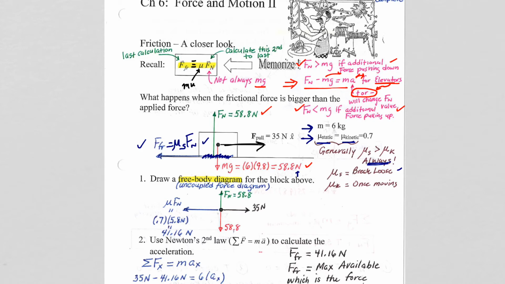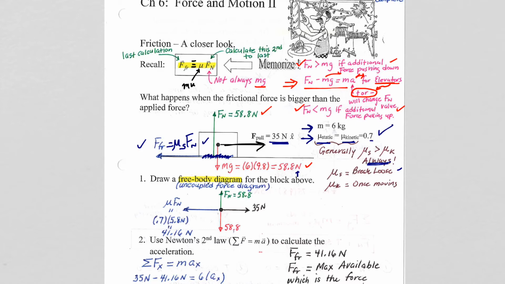So if the 35 newtons is anything bigger than mu static times force normal, this box breaks loose. In this case, we are told that the static coefficient and the kinetic coefficient are the same value. That is not normally the case; it was chosen for simplicity in this example.